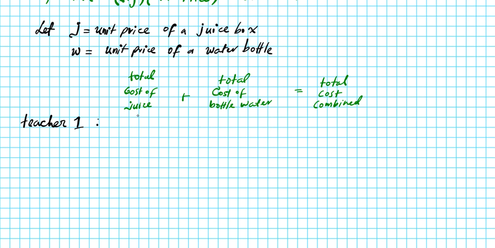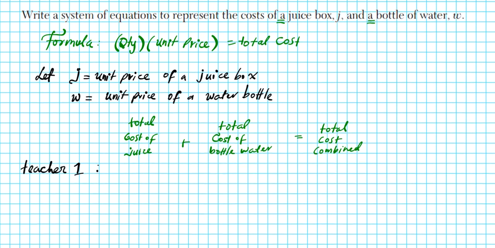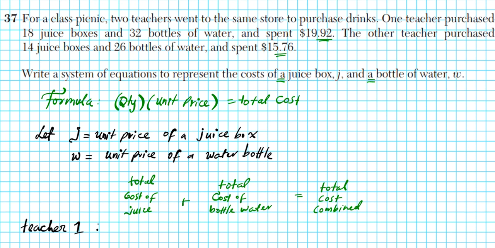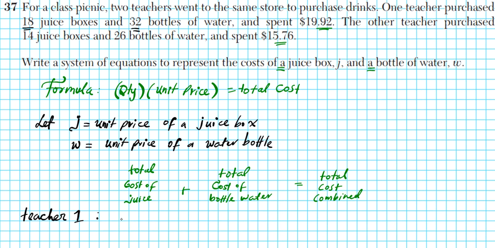So cost of juice is unit price times the quantity, or quantity times unit price. The first teacher bought 18 boxes of juice and 32 bottles of water. Alright, so those are the quantities. So 18 is the quantity for teacher 1 times the unit price.